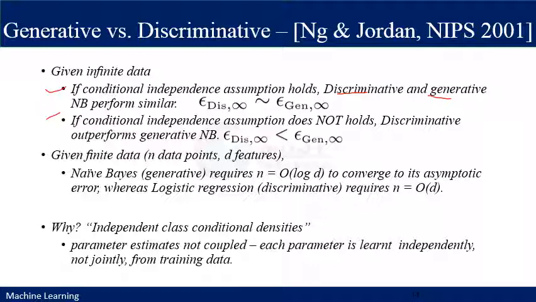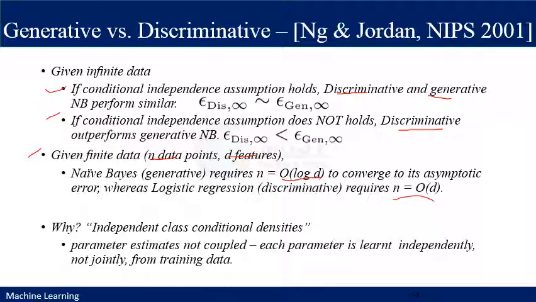However, if the conditional independence assumption does not hold, discriminative methods outperform generative methods. On the other hand, if the data is finite, that means if we have finite data points and attribute features, naive Bayes is faster and it usually requires big O of log D to converge to its asymptotic error, which is the minimum error, whereas logistic regression, the discriminative method, requires big O of D.